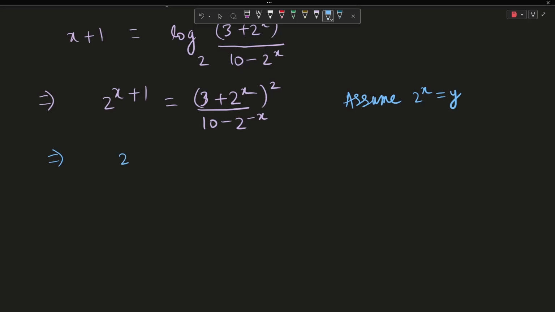So I can write it as 2y is equal to 3 plus y whole square upon 10 minus 1 upon y, right?